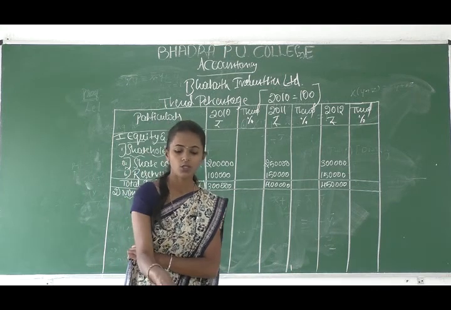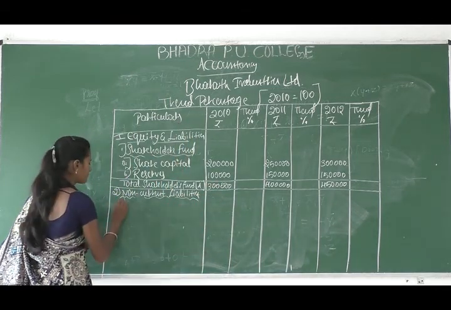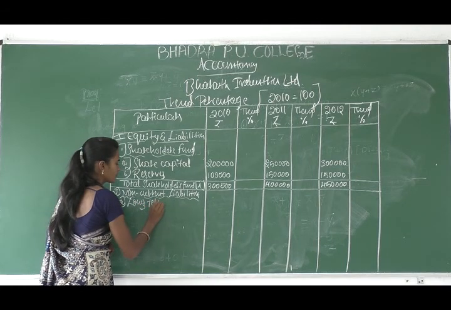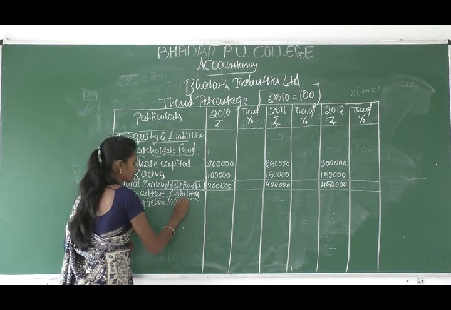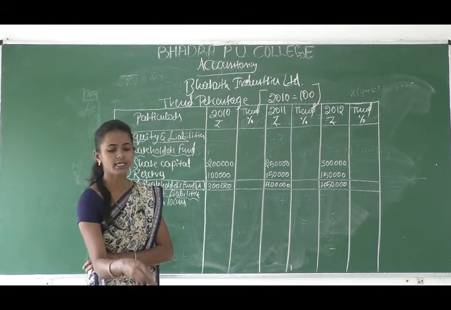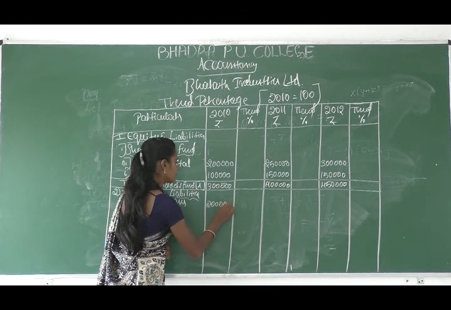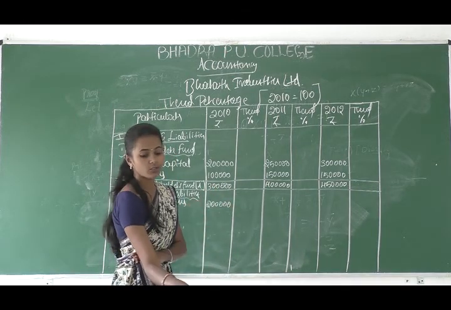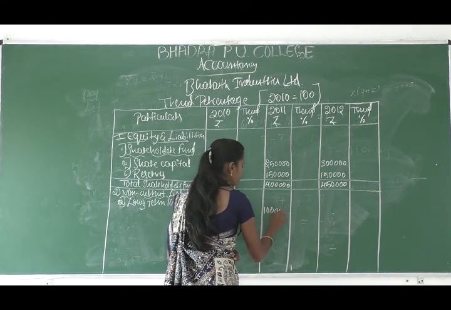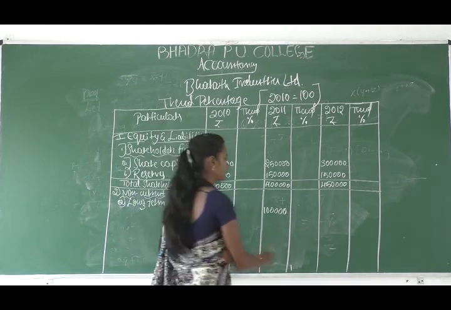Yes, we have long term loans. So I am taking here first one, long term loans. In 2010 it's 2 lakh, in 2011 it's 1 lakh, and in 2012 it's 50,000.